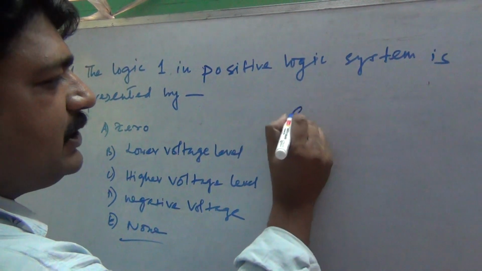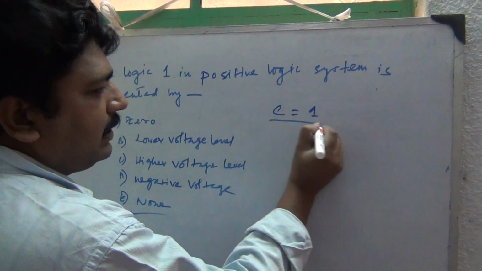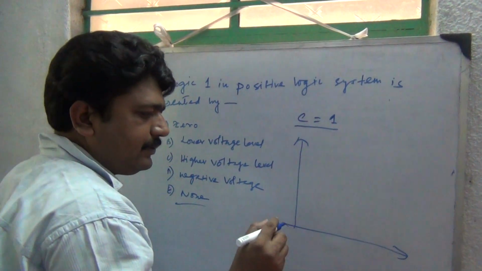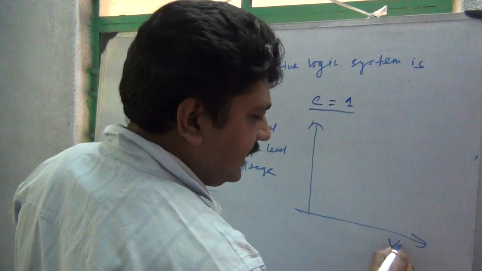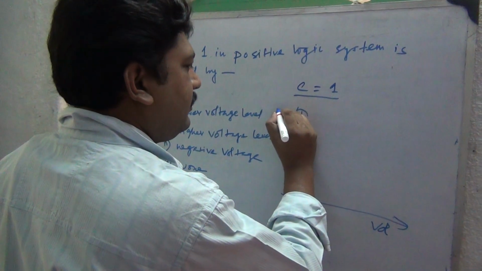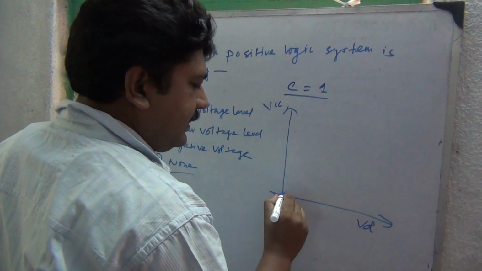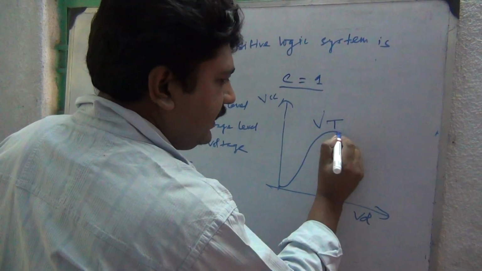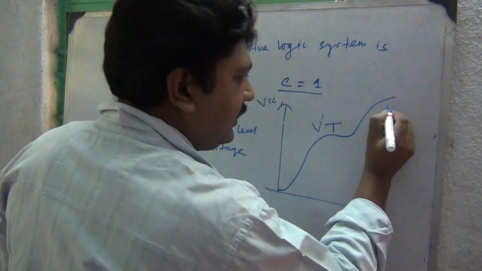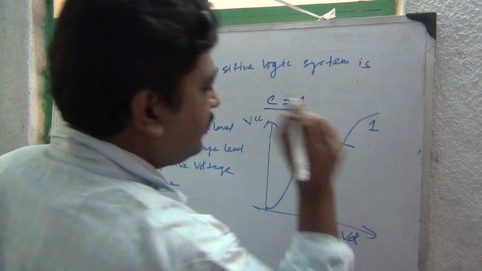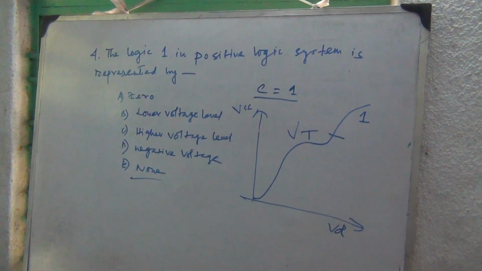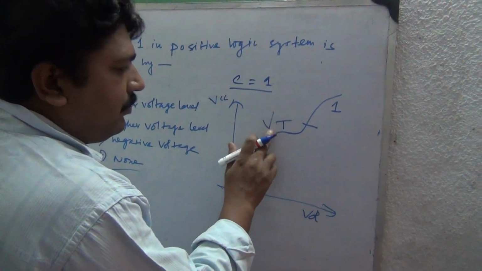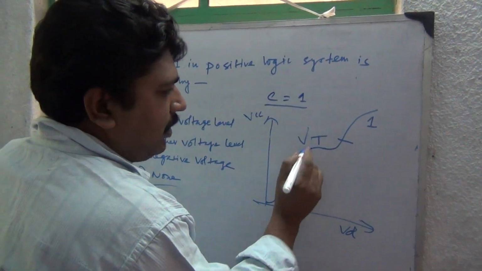That is the value C, and C is the 1. If this is the axis of voltage and VCC, it's going up to VT, the threshold voltage, and when it crosses VT, here it is 1. This is the crossing point. When it crosses, it will be 1.